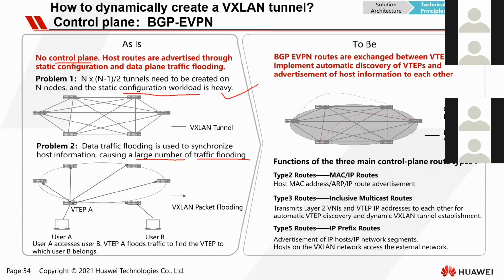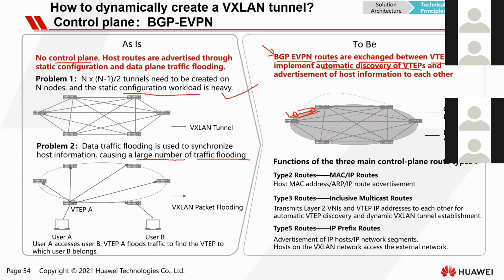In order to solve this issue, in our cloud campus, we introduce something called BGP EVPN. We use the BGP EVPN routes to help exchange the VTEP information, and after exchanging the information, all the switches will automatically discover the VTEPs and automatically form the tunnels between all the switches.